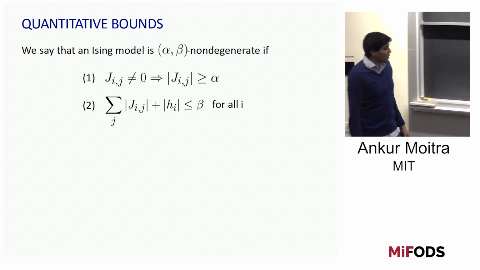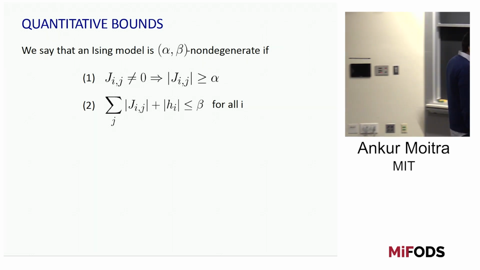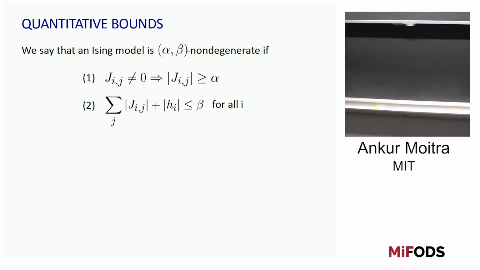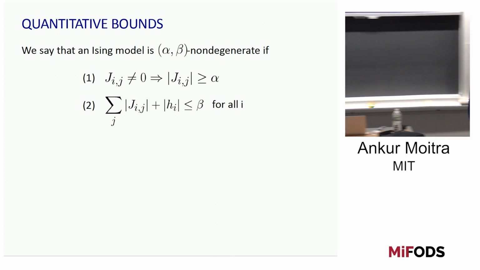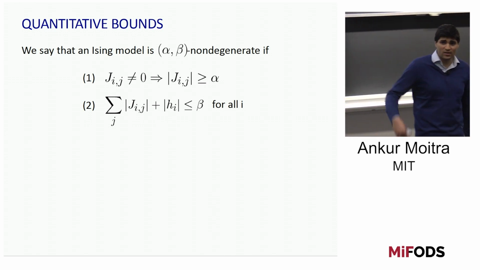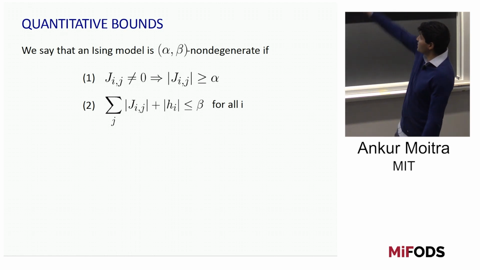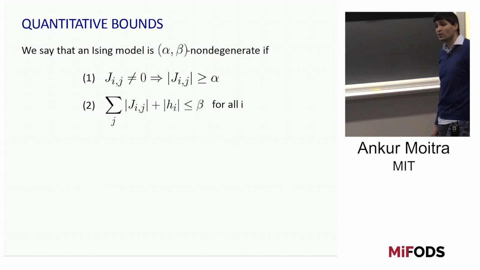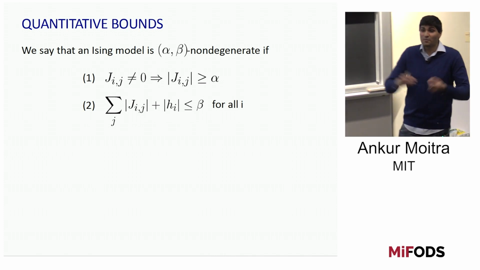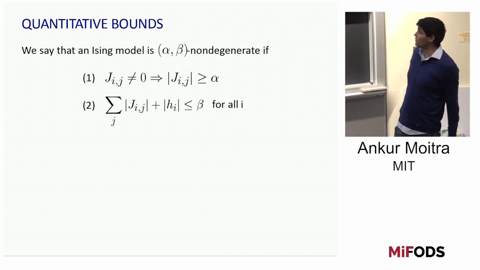So to say this more concretely and quantitatively, remember that we need some sort of upper and lower bounds on the interaction strength. So we need this notion of alpha-beta non-degeneracy. This makes sense even beyond ferromagneticity, which I'm going to state it that way. It's just that if you're trying to learn the graph structure, you better impose that any non-zero value is bounded away from 0. It has absolute value at least alpha.